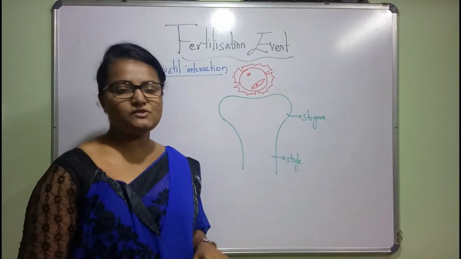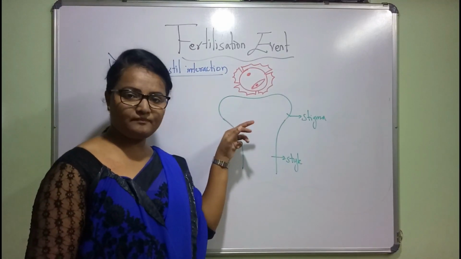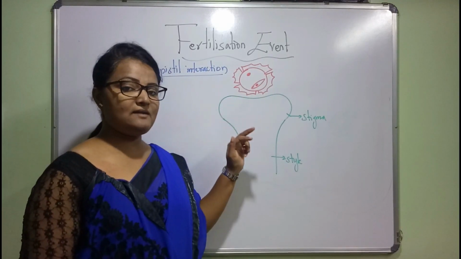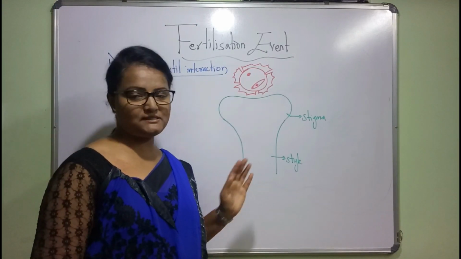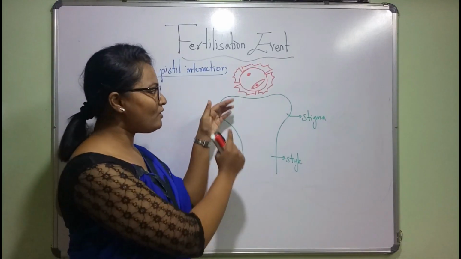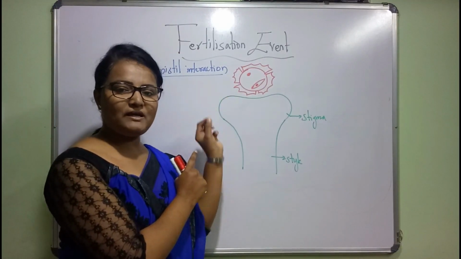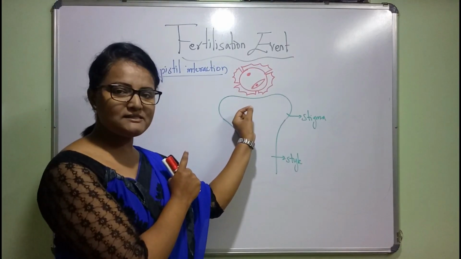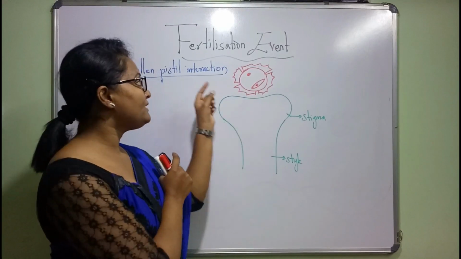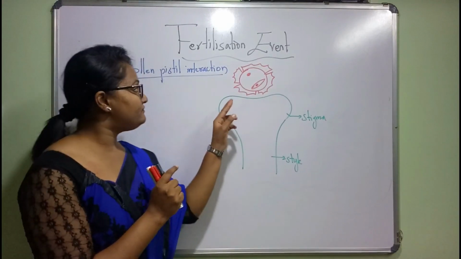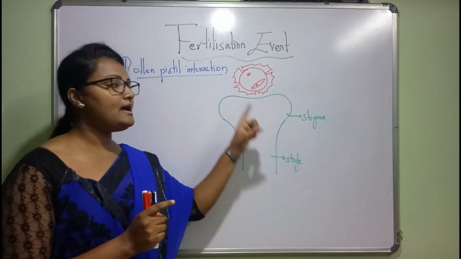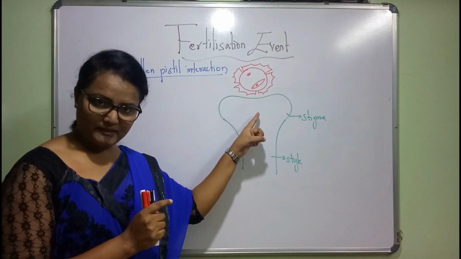In such condition also, there will be interaction between the pollen grain and the stigma of the pistil. Sometimes they allow the pollen grain to germinate, sometimes they don't allow. Based on some chemical interaction, they recognize their species pollen grains. So within the fertilization event, the first step is very important: our stigma recognizes the correct type of the pollen grains.